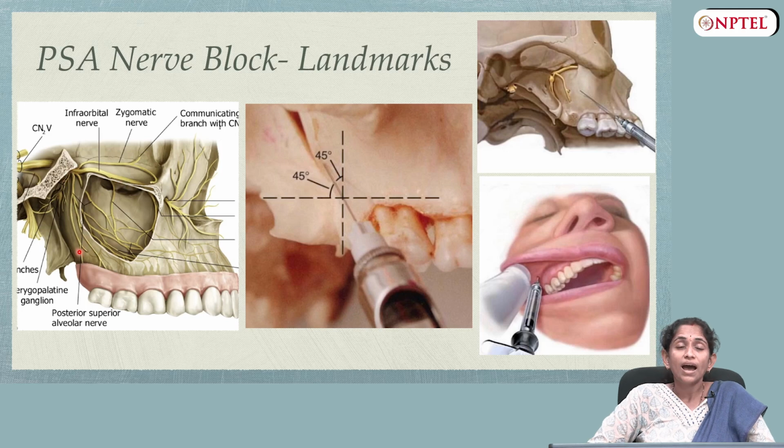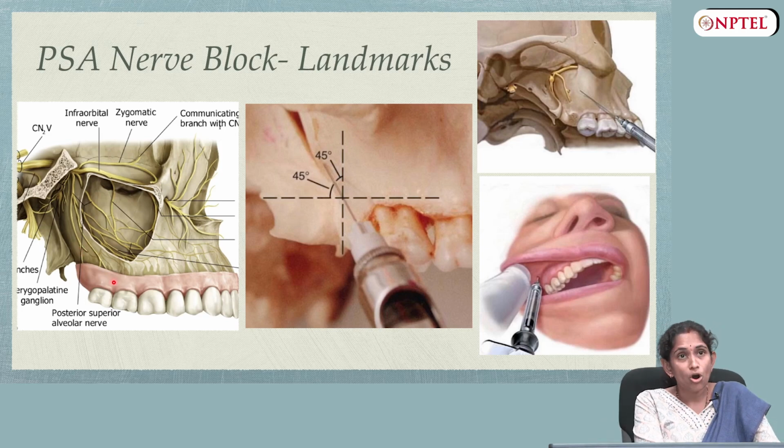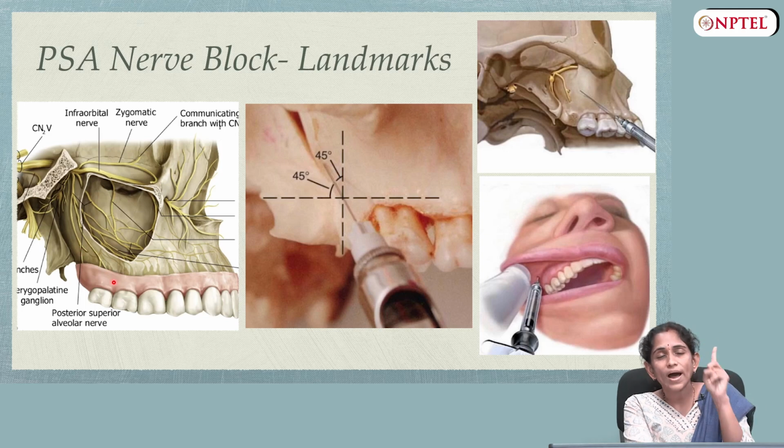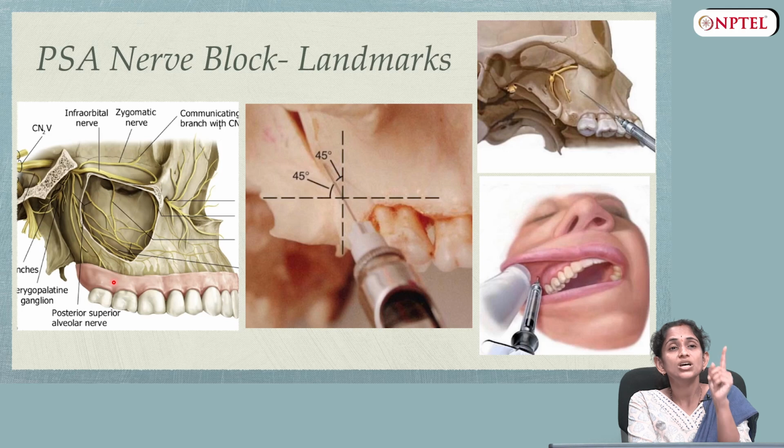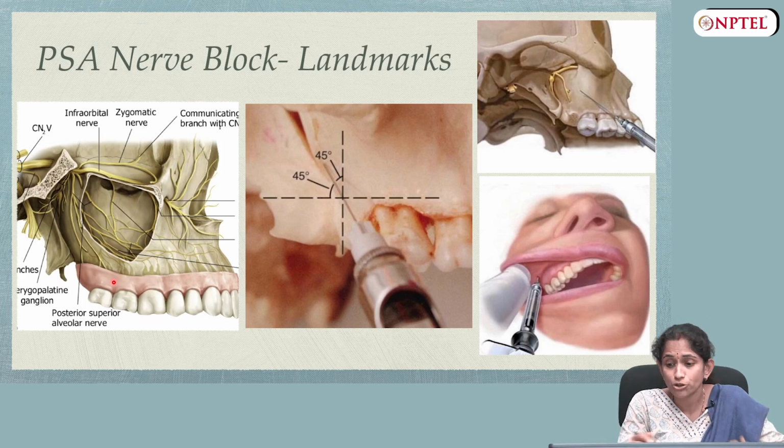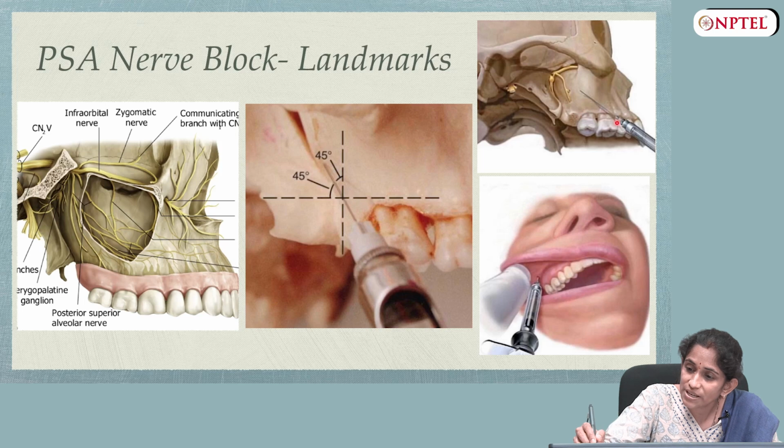Now, what are the considerations that you have when you are trying to block the posterior superior alveolar nerve? We cannot use a long needle. We need to use a 1-inch needle, which is a 25 millimeters needle, and we insert it only 2/3 into the soft tissue.